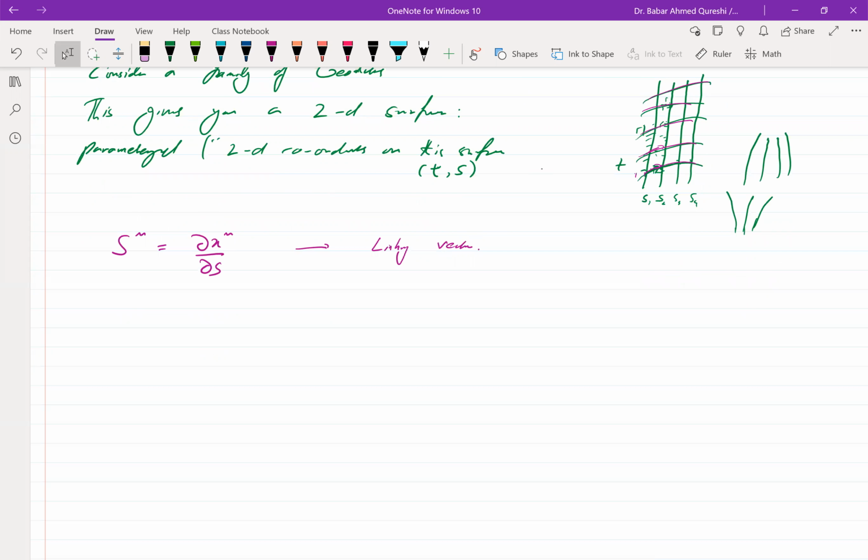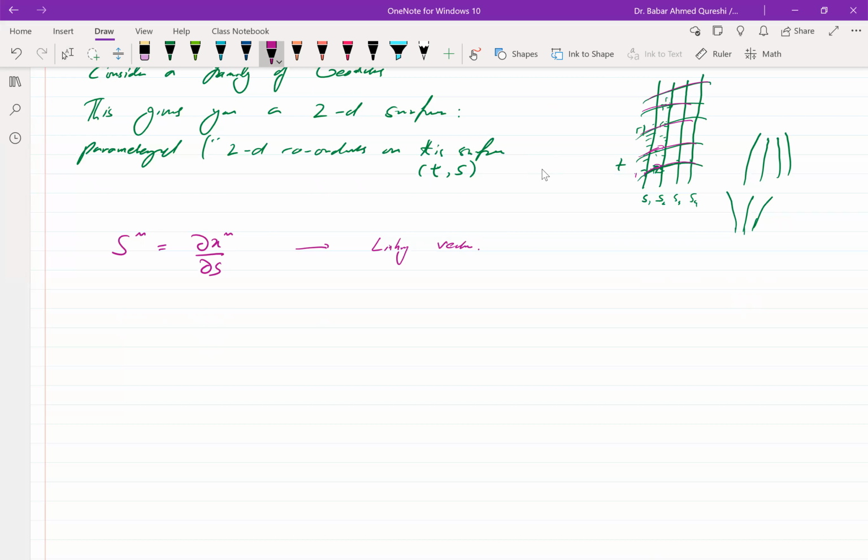Let me see, what is the book calling it? Yeah, it's calling it deviation vector. I don't know, that's a good name. But anyway, it's the linking vector.